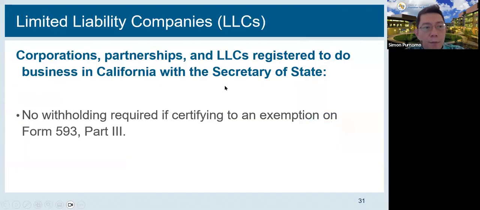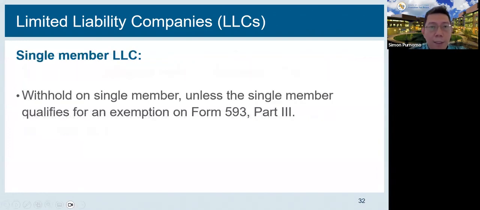Corporations, partnerships, and LLCs who are registered to do business in California with the Secretary of State require no withholding at all if certifying to an exemption on the Form 593 Part 3. However, it's going to be a different story with SMLLC, or single member LLC.